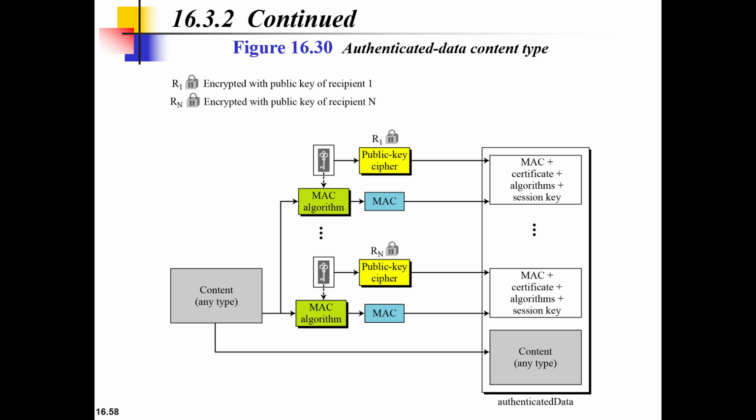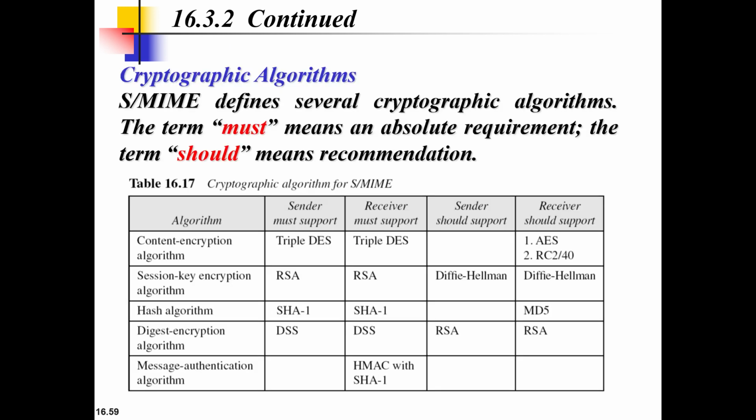Next is cryptographic algorithms. S/MIME defines several cryptographic algorithms as shown in table 16.17. The term must means an absolute requirement. The term should means recommendation.